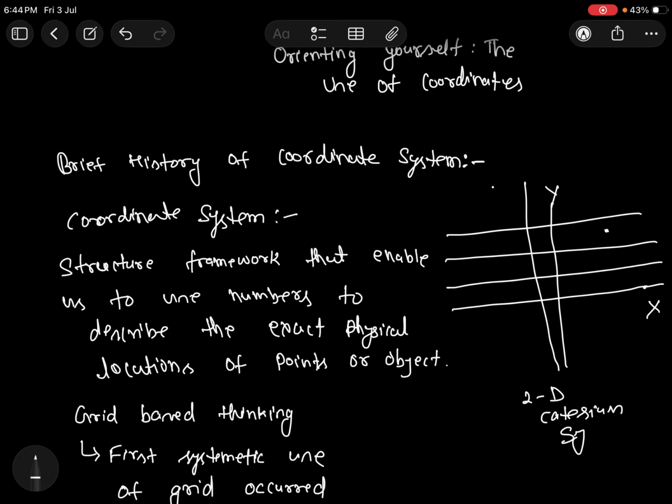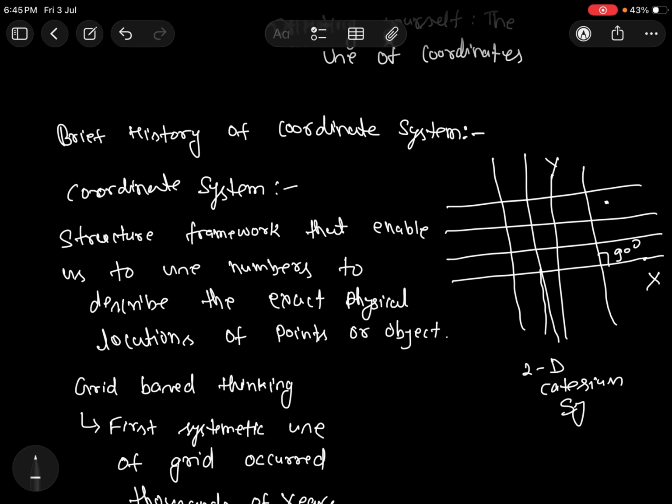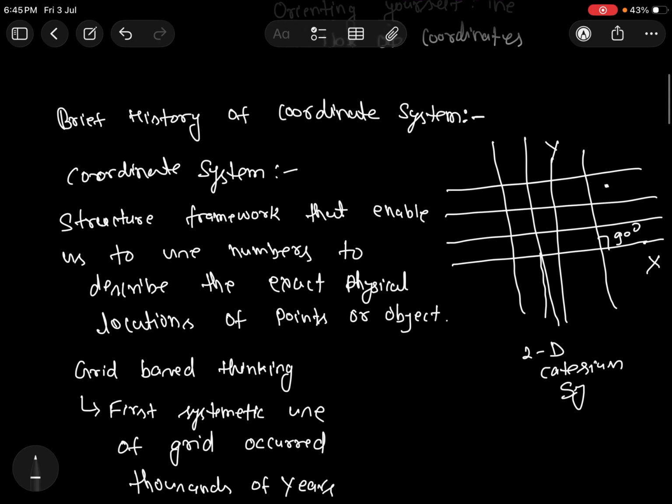These lines cross each other perpendicularly at 90 degrees. So this is the structure we develop in the two-dimensional Cartesian coordinate system. So this is the structured framework.